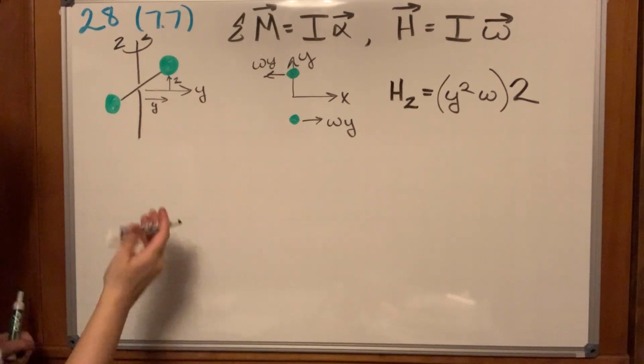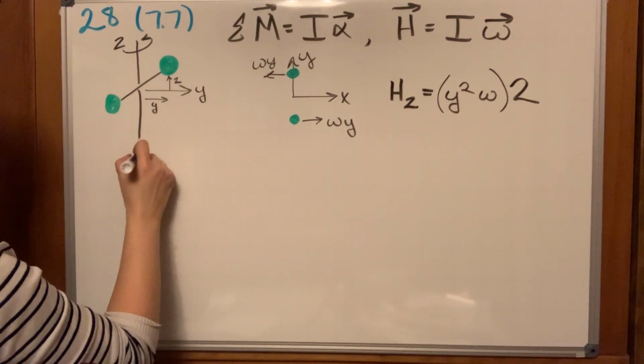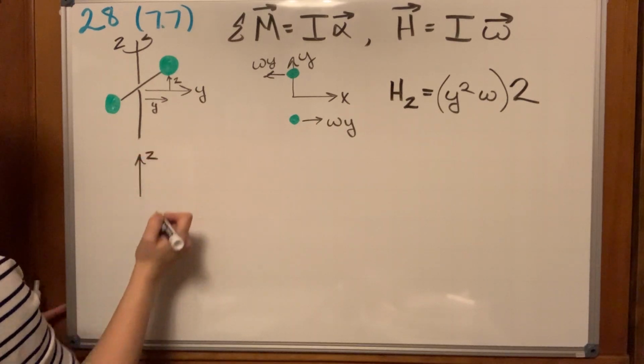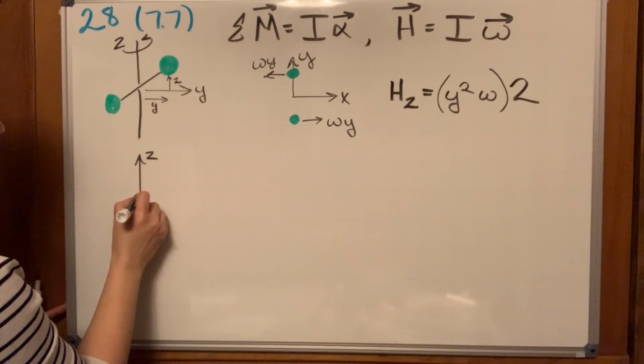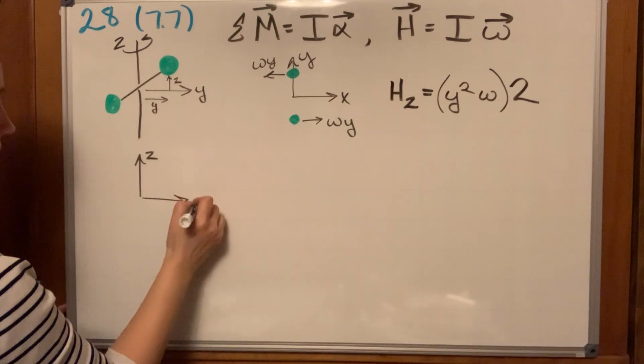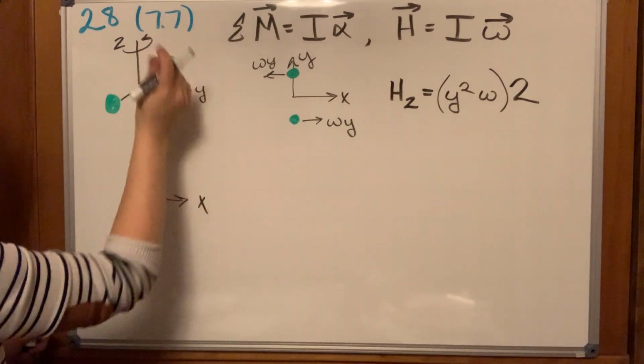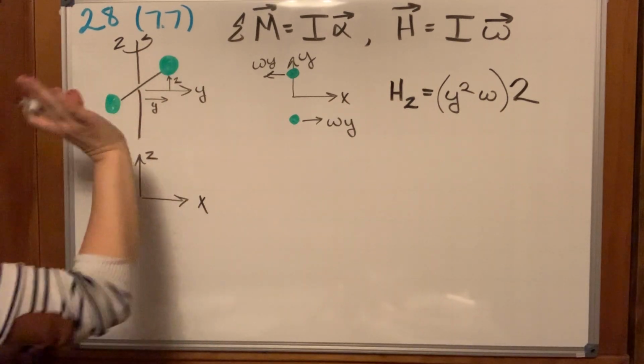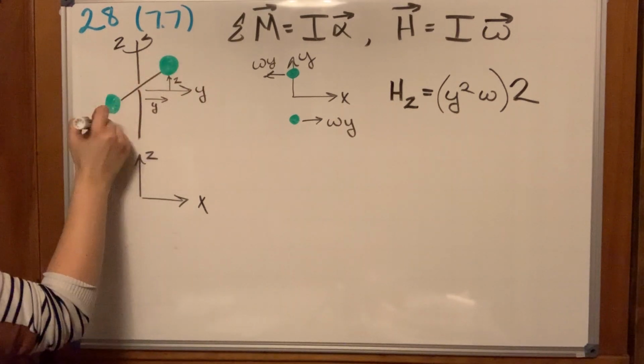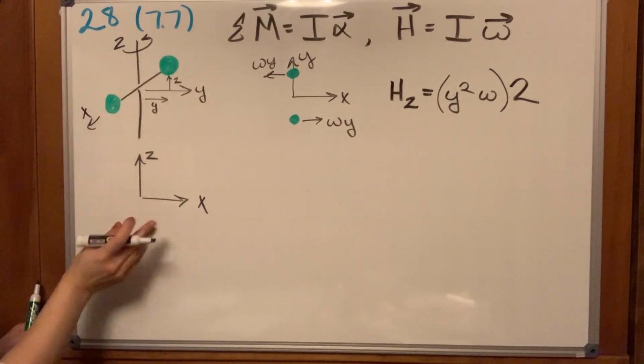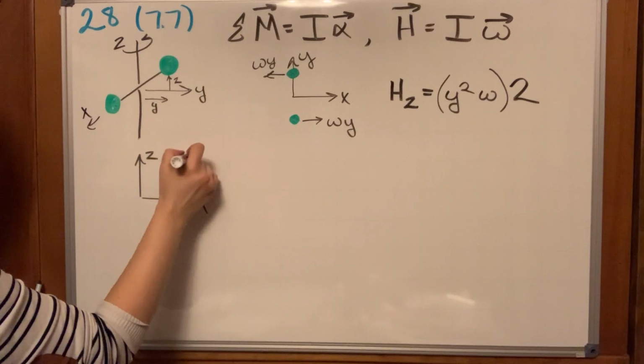draw the z-axis here and we draw the x-axis out this way, where before the x-axis was out here. Now the x is this way, so the y is kind of into the board.